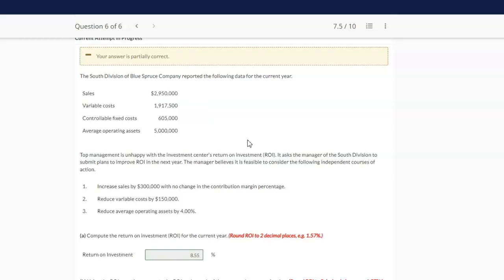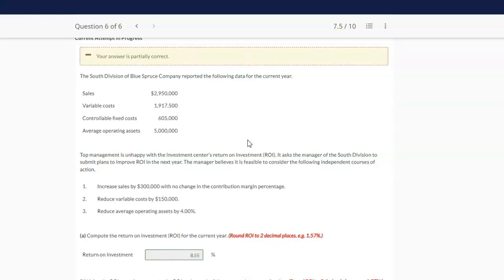The contribution margin will go up by 150.